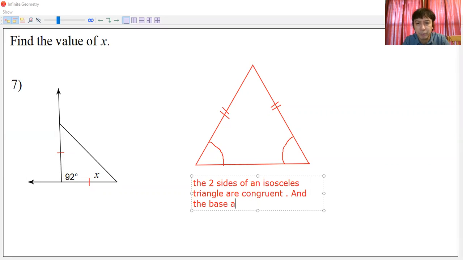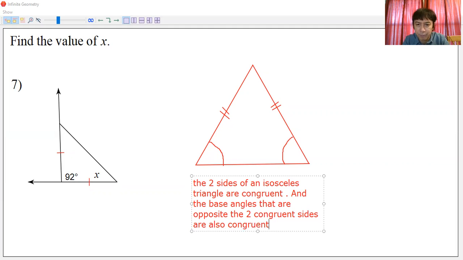And the base angles that are opposite the two congruent sides are also congruent. There, okay? The two sides of an isosceles triangle are congruent, and the base angles that are opposite the two congruent sides are also congruent. So these angles are equal, okay? This is equal to this.